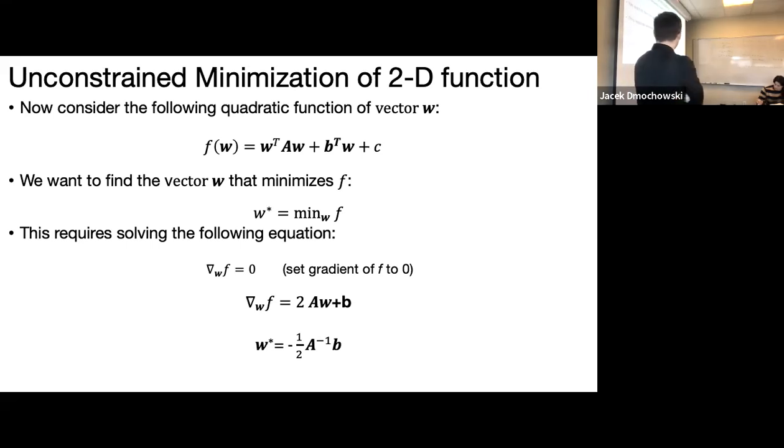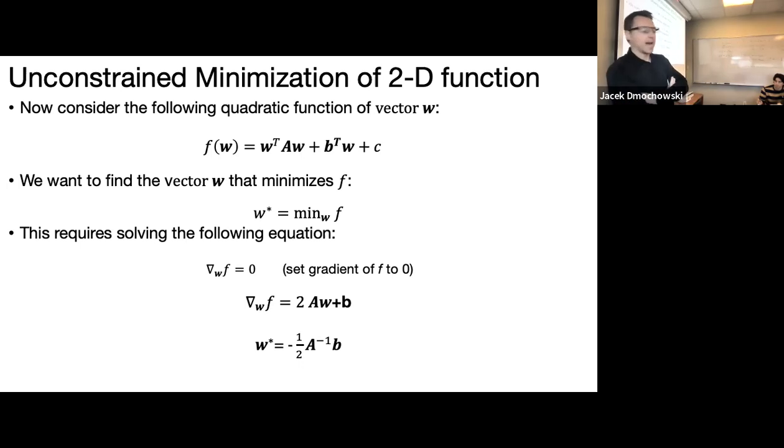So one thing to think about is, how can a quadratic not have a minimum or a maximum? It's kind of a trick question. Not every A is valid in this equation. For this to be a quadratic function, A has to have a special property called positive definite.